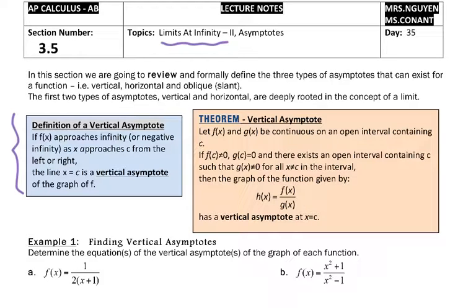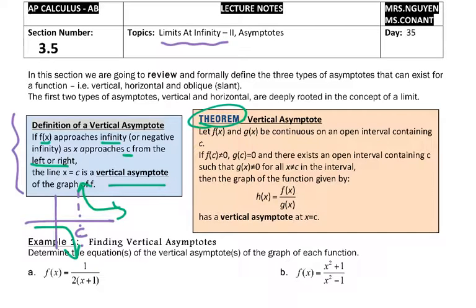So here in calculus language it says if the function approaches infinity or negative infinity as x approaches c, so that looks like if this is c here, your function going to infinity, so f of x approaching infinity, or negative infinity as x approaches c from the left or right. So if that's happening, then you have a vertical asymptote.